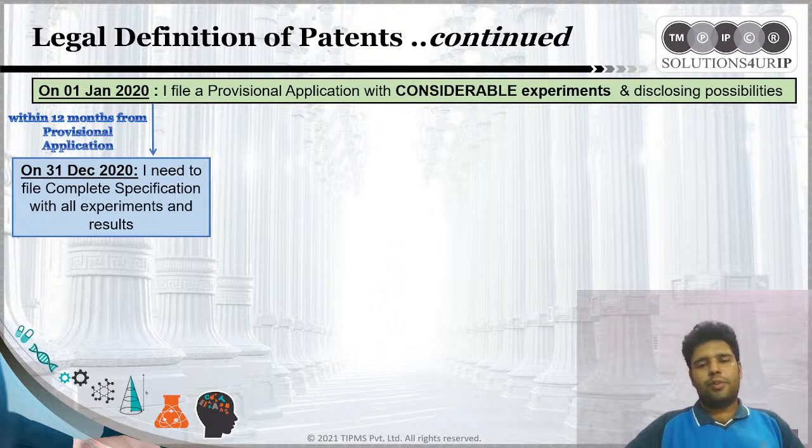Okay, form 1, form 2, and then I said form number 26. Now form number 26 is the authorization given to a patent agent. Form number 26 is the authorization given to a patent agent to file that patent application representing the applicant.